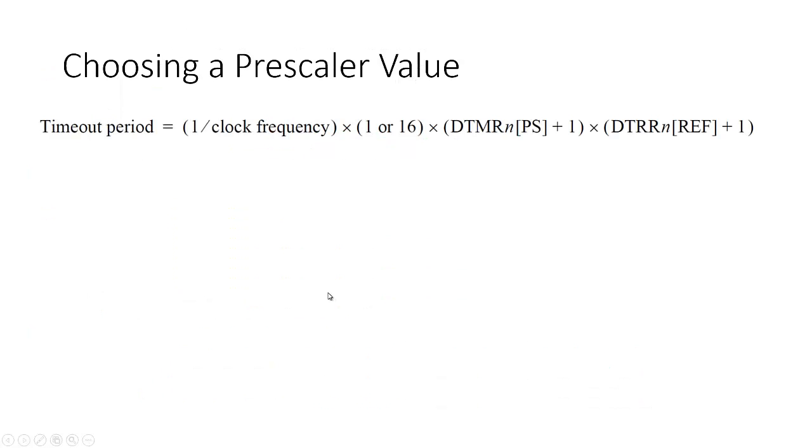To choose our prescaler value, we need to look at this equation. This is at the end of chapter 6, I believe. No, it's at the end of chapter 26. We have how the timeout period relates to the system clock frequency, whether we're dividing by 1 or 16, then the prescaler for the system, and then whatever our reference register is.